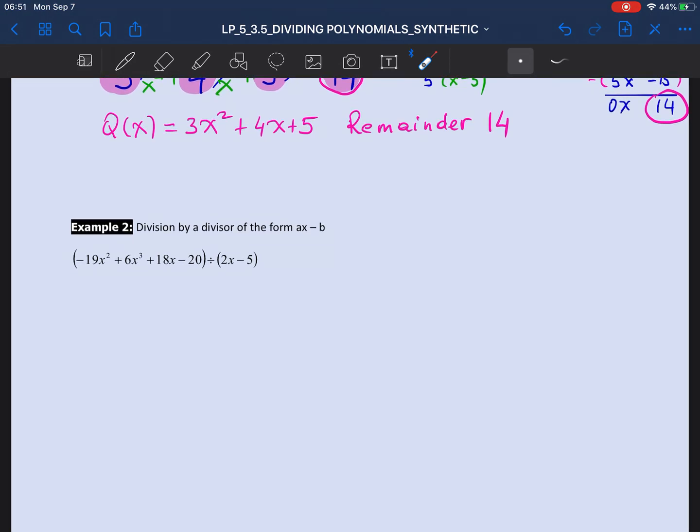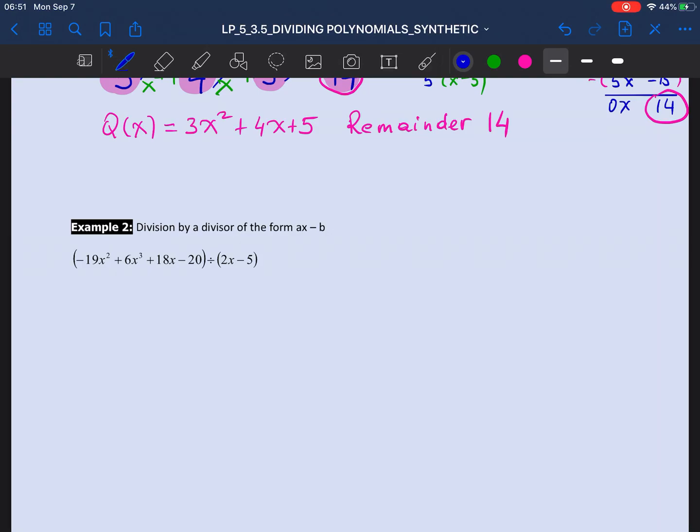So when we are dividing by a divisor of the form ax minus b, remember synthetic division is applicable in here because the divisor is in linear form. The first thing we want to do is list the terms from highest to lowest degree, and it seems that we have a little bit of work to do here because the terms are not listed in correct form.